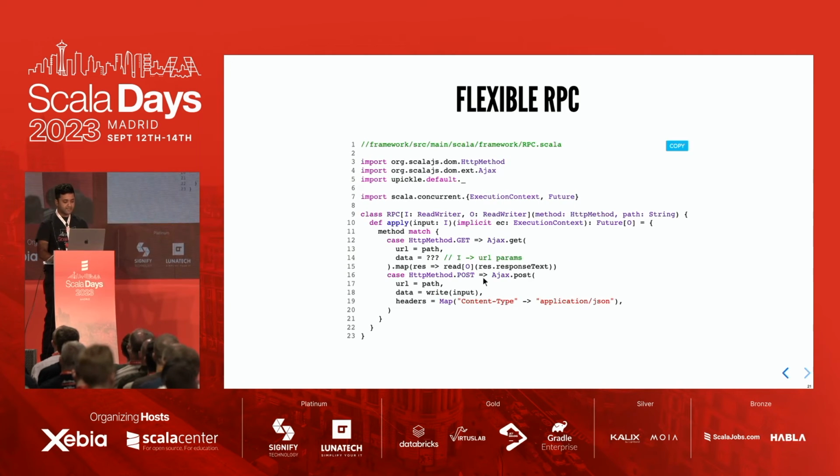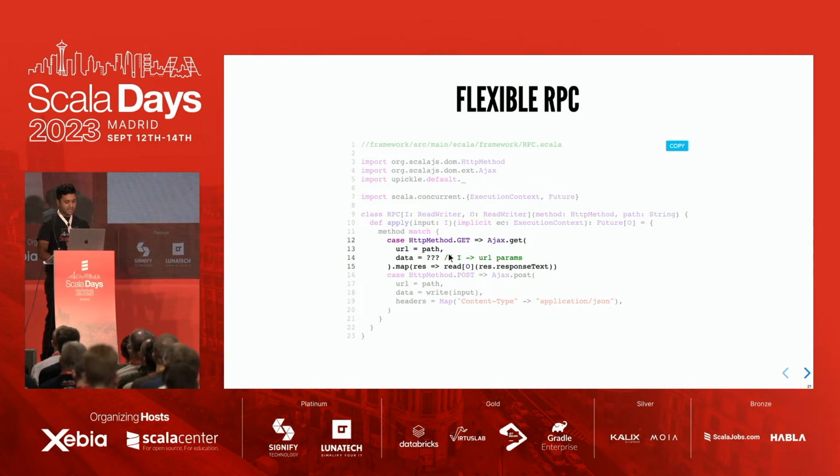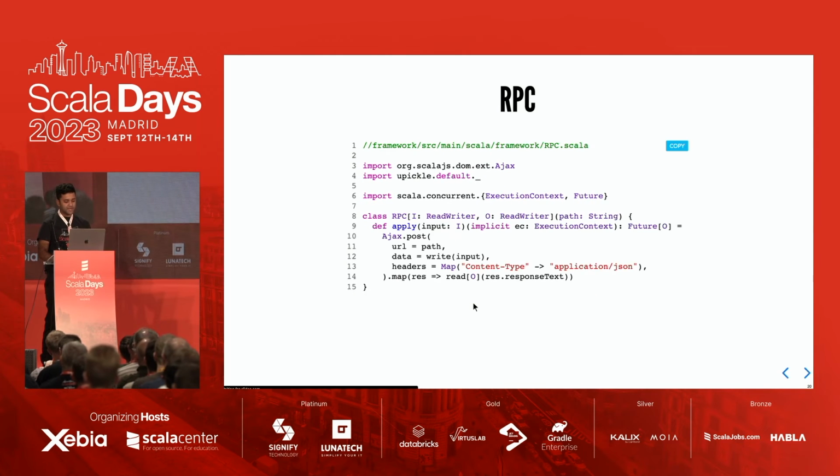If you pass in one extra parameter, the HTTP method, you can also do a get. And if you're doing a get, you have to encode the input to your backend API in the URL, because gets don't really have bodies, or most middlewares don't like it if gets have bodies. The rest remains the same. This way you can implement gets, deletes, puts, but for this example, I'm just going to show post.